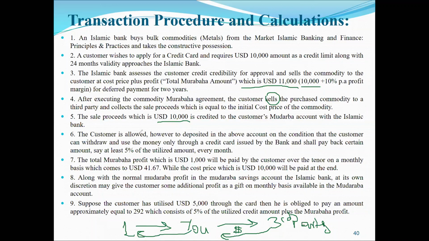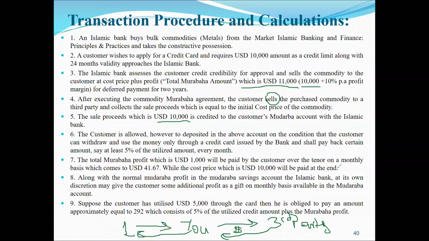On the sixth step, the customer is allowed to deposit in the above account on the condition that the customer can withdraw and use the money only through the credit card issued by the bank, and shall pay a certain amount, say at least 5% of the utilized amount every month. So the total murabaha profit, which is $1,000, will be paid by the customer to the bank on a monthly basis, which becomes about $41 over 24 months, while the cost price of $10,000 will be paid at the end of the period.